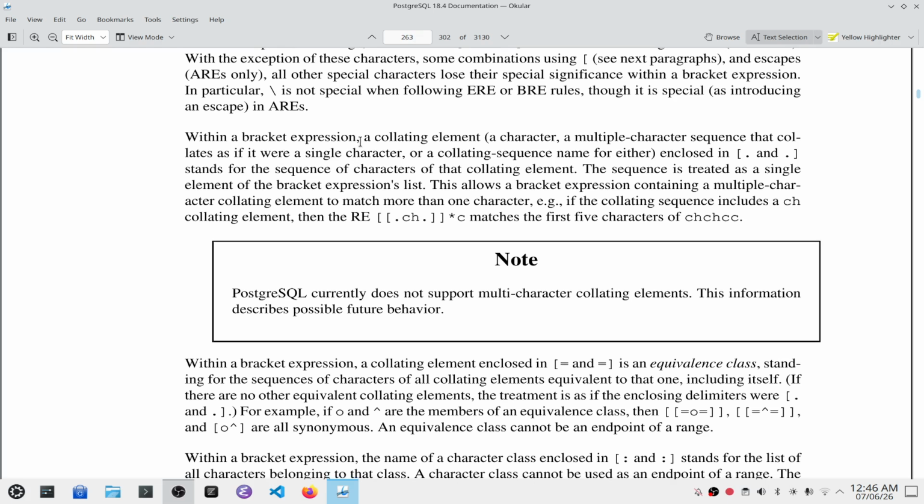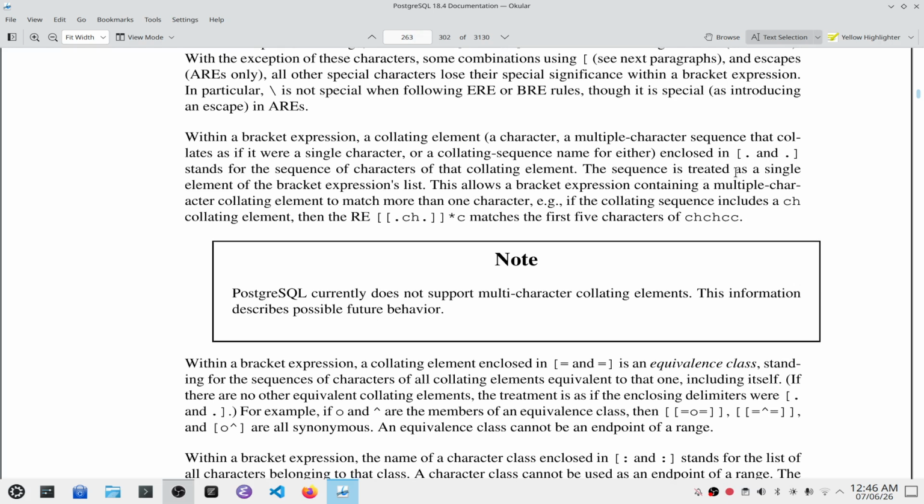Within a bracket expression, a collating element, a character, a multiple character sequence that collates as if it were a single character, or a collating sequence name for either, enclosed in bracket dot and dot bracket, stands for the sequence of characters of that collating element.